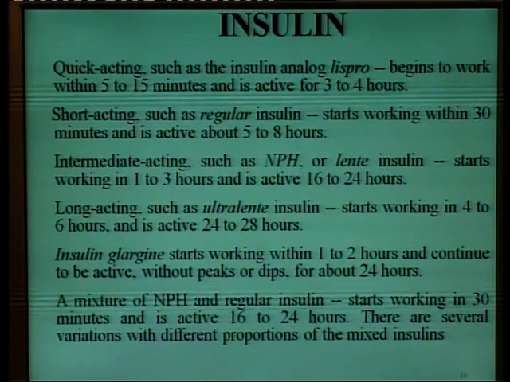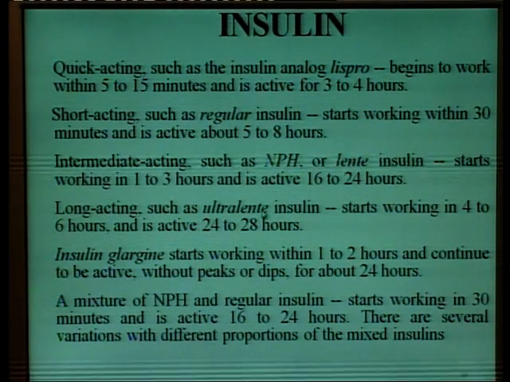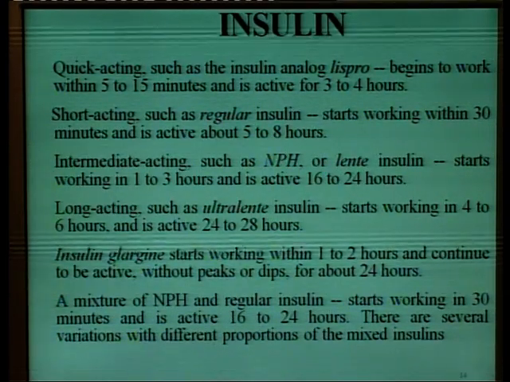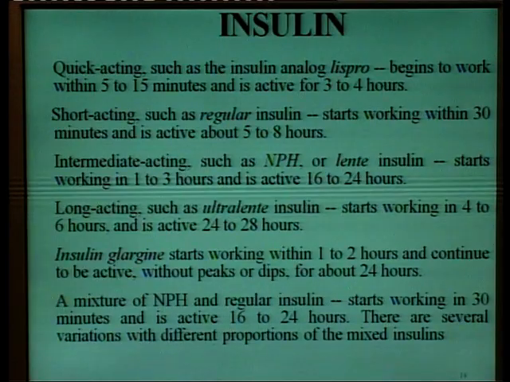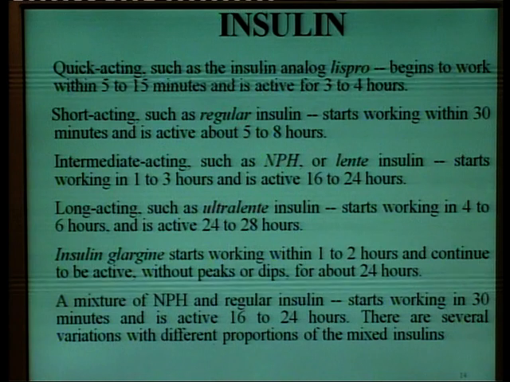So it is just the combinations that we are working with. What we are actually doing is breaking the hexamers into monomers and dimers so that the rate of absorption is increased, which is exactly what is required.